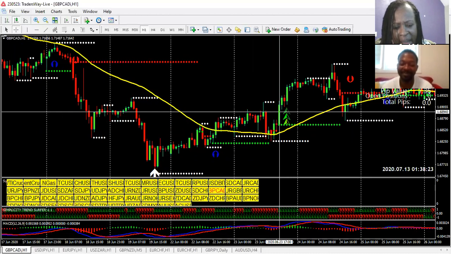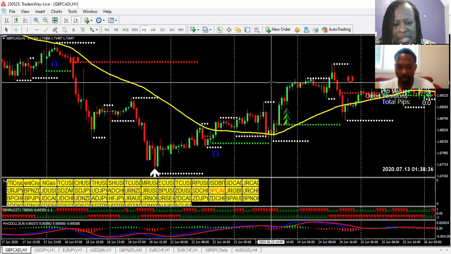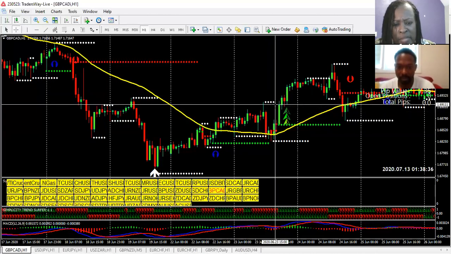That's acceptable to me because I see what's happening now. It's going up to the top, which is what I wanted to do. My trend surfer is green, giving me double green lights. And so that's good.